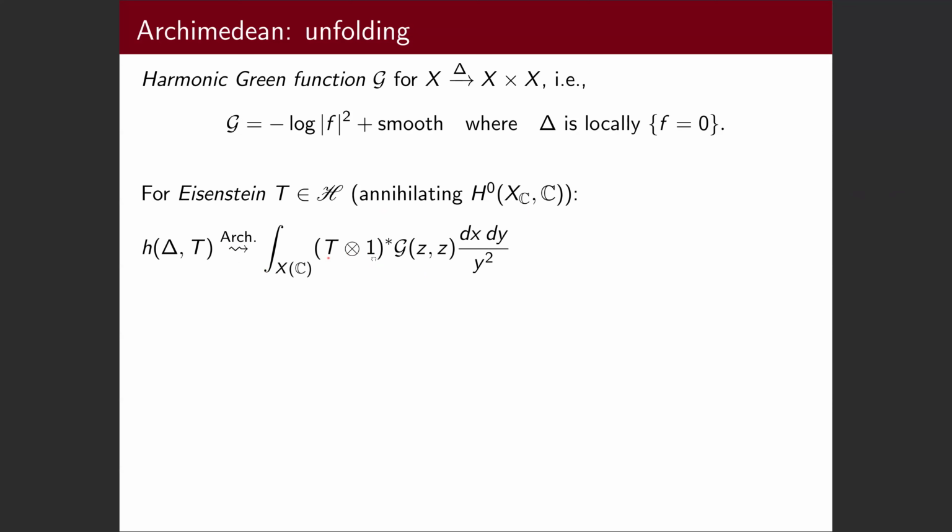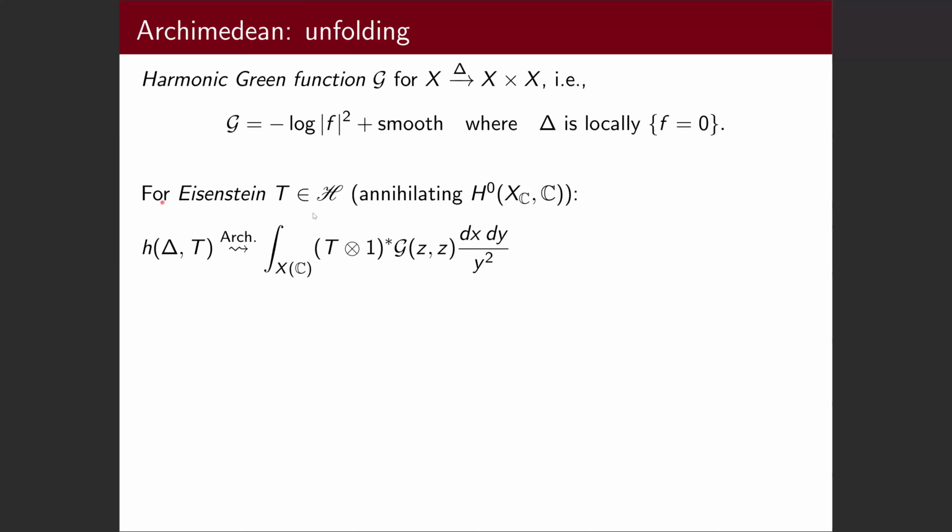So this is the Hecke operator acting on x times x, and I pull back this Green's function and integrate it along the diagonal with respect to the standard hyperbolic measure on the upper half plane. In general, for a general Hecke operator T, this intersection number will be more complicated. There'll be another term involving an integral over x times x, but for these good Hecke operators, which are Eisenstein, you can kill the second term.